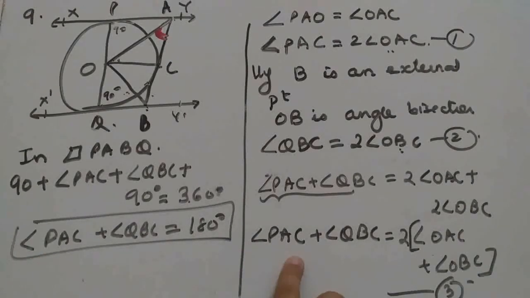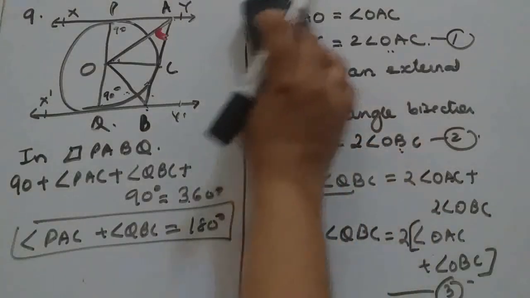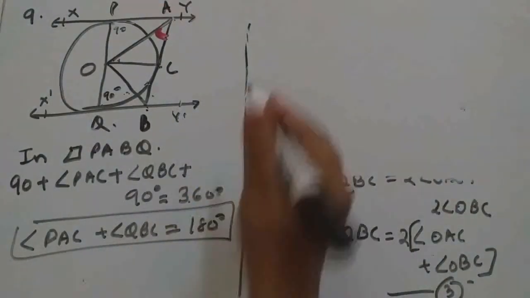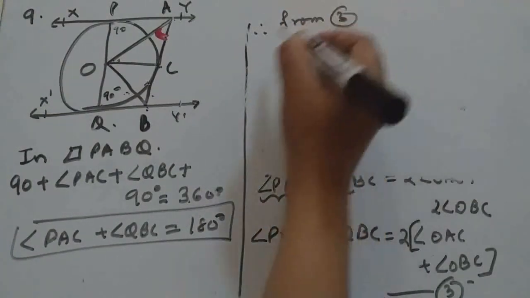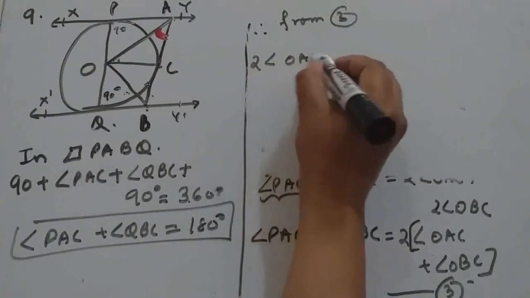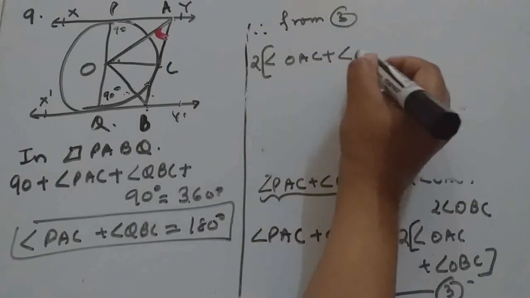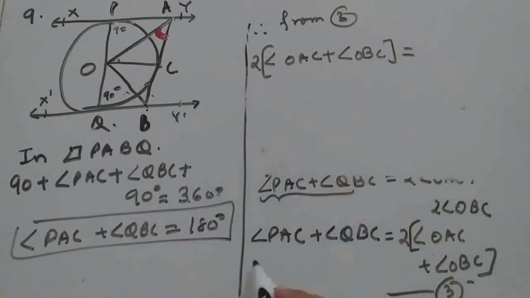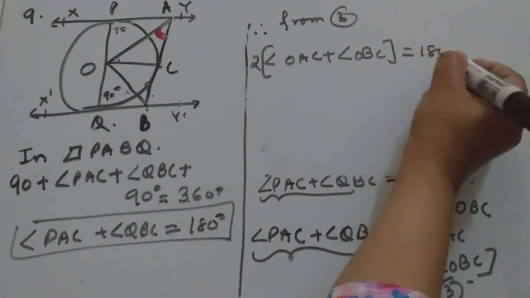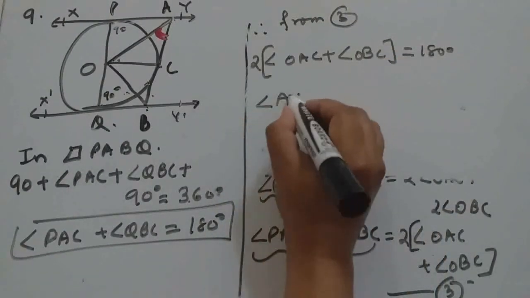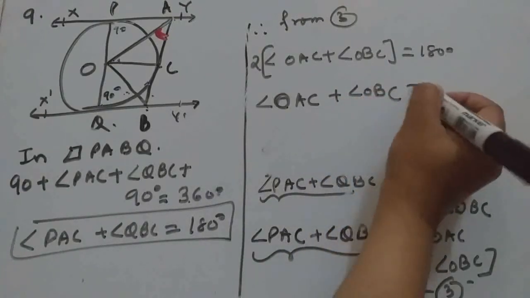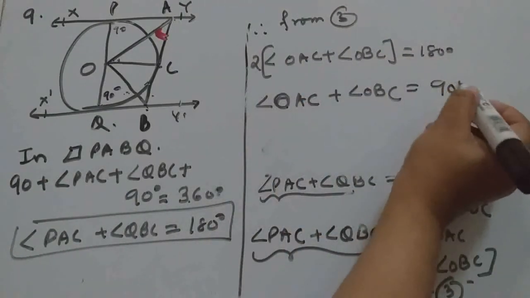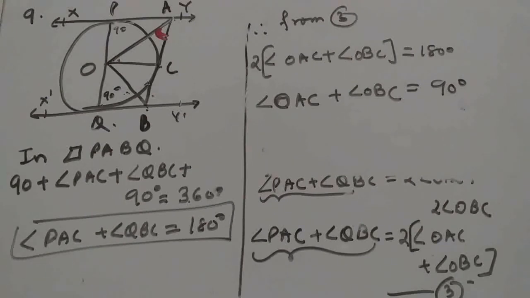We can substitute this value here. So from 3, twice of OAC plus OBC, this value we got is 180. So OAC plus OBC will be 180 by 2, that means 90.